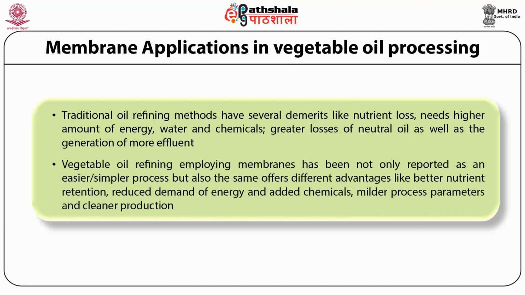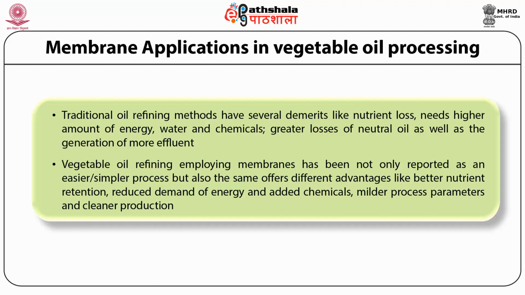Vegetable oil refining employing membranes has been reported not only as an easier and simpler process, but also as offering different advantages like better nutrient retention, reduced demand for energy and added chemicals, milder process parameters, and cleaner production.